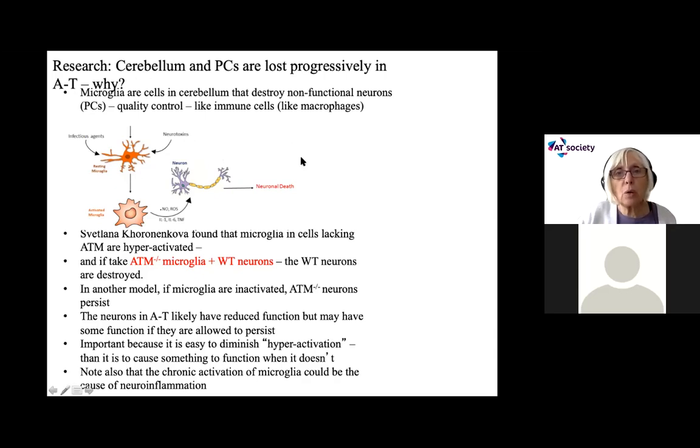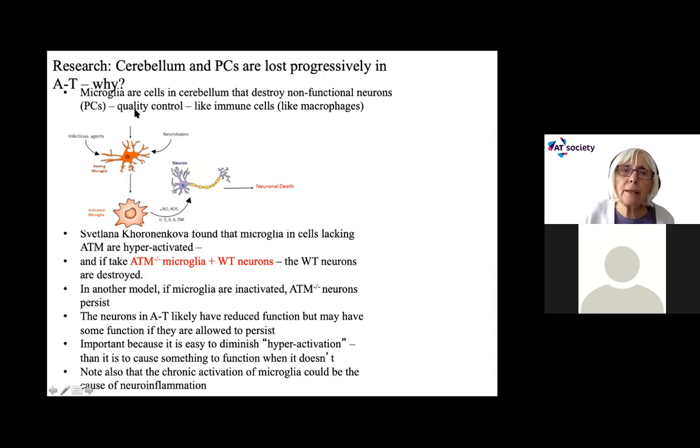So basically, the question here is, why are these Purkinje cells, these cells in the cerebellum, being lost with time? We're not losing other cells. There's something special about this region. And a factor in that may be these microglia, which are cells that are within that cerebellum, that region.